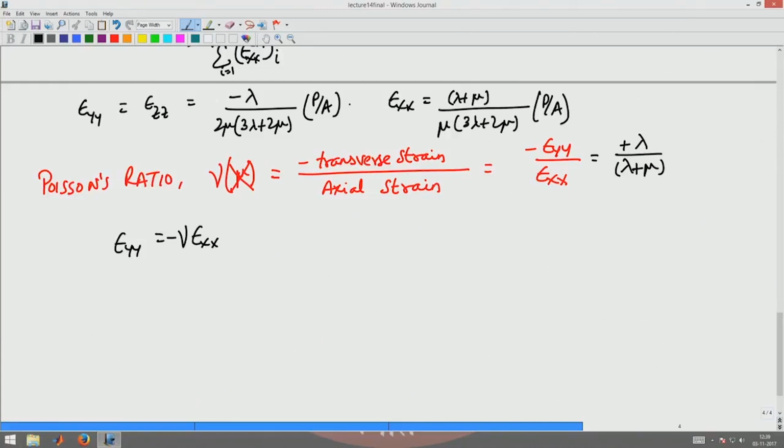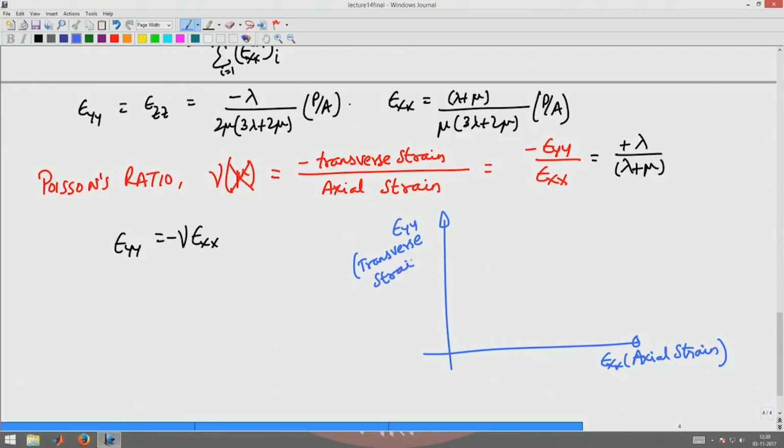You do the same thing, you plot the axial strain epsilon xx versus epsilon yy, the transverse strain. Okay, you will get some data points here. What you want is a best fit straight line passing through those data points, the slope of which would be your Poisson's ratio.